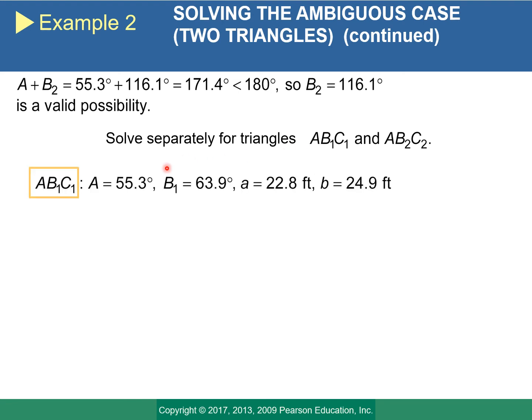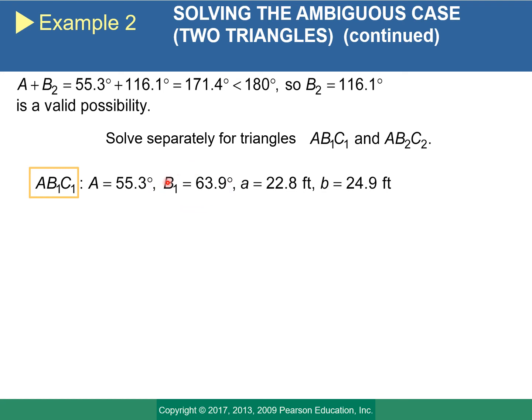So we're going to start with what I call the one triangle. So the given A value, B sub 1, the first B angle, and then we're going to find the C angle corresponding to that B angle. All right, so we were given capital A, angle A. We were given little a and little b.